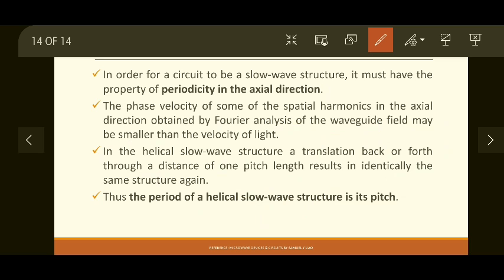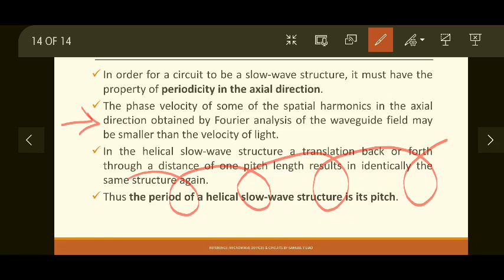The phase velocity of some of the space harmonics in the axial direction, obtained by the Fourier analysis of the waveguide field, may be smaller than the velocity of light. We will understand the meaning of this statement in the actual amplification process that we will discuss in the next video. The phase velocity is harmonic in nature because of this periodicity.